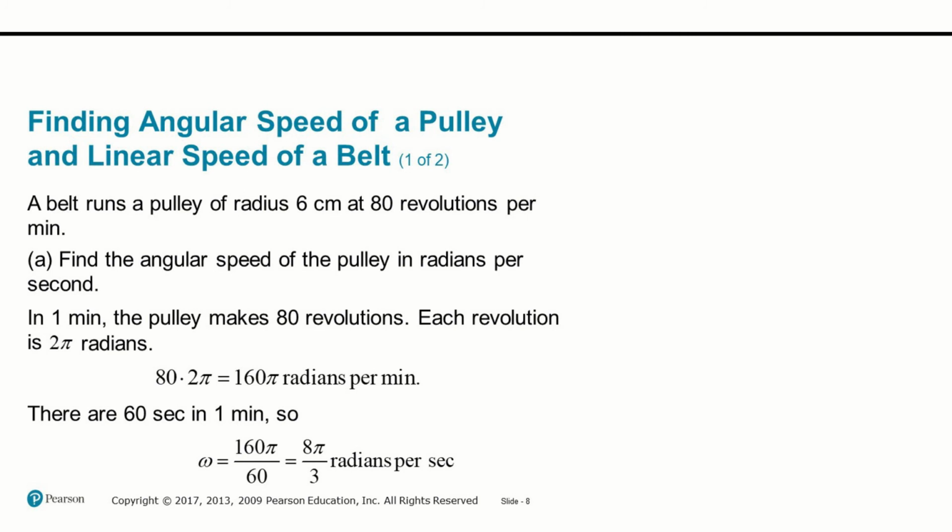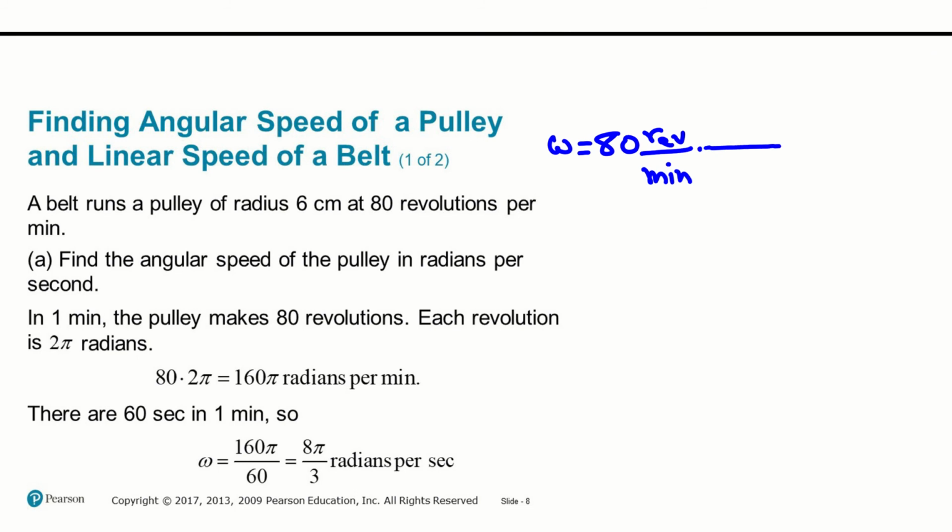So they're showing you some approach here, but I'm going to show you an easier way to approach it on the right here. So we can just say omega equals 80 revolutions per minute, and we're going to use unit factors to get to our desired answer very easily.